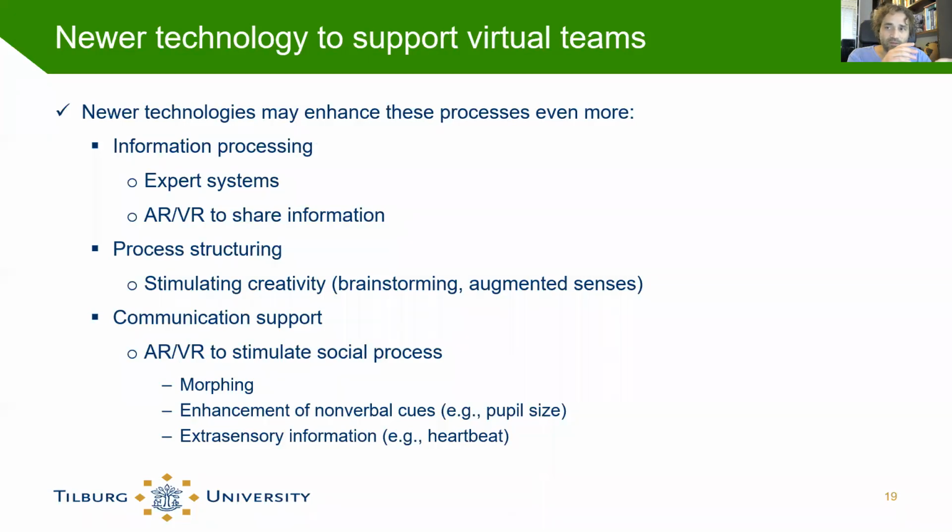You see that scientists are working on supporting the process structuring, for example, by stimulating creativity, by augmenting your senses in order to be able to focus more, or to pay more attention to what someone is saying. And you see that companies are using augmented reality and virtual reality to support communication, to support the social process.